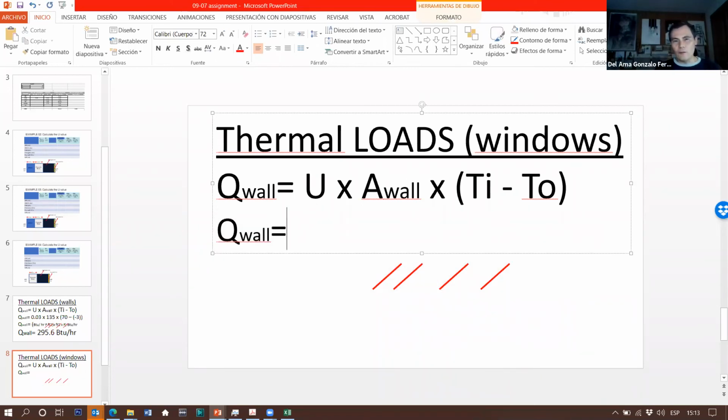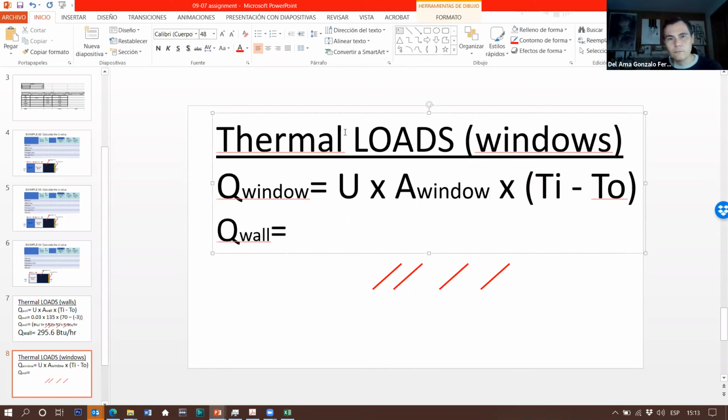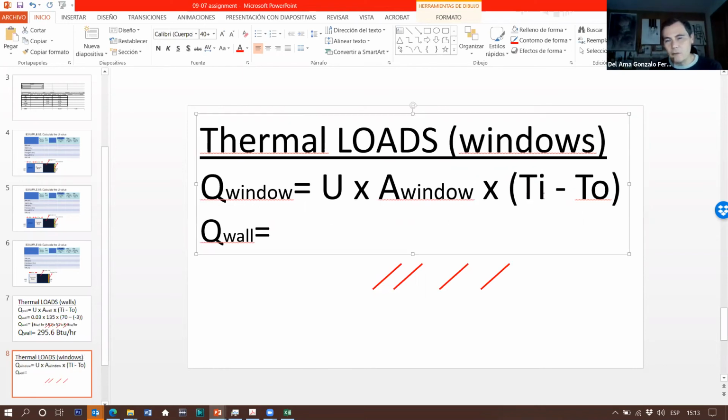It's the U value of the window times the area of the window times indoor temperature minus outdoor temperature. And what is the U value of the window? Okay, we can't calculate U values of windows. We have to work with catalogs.